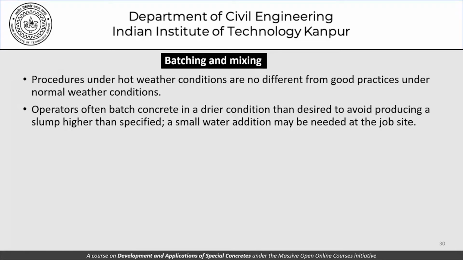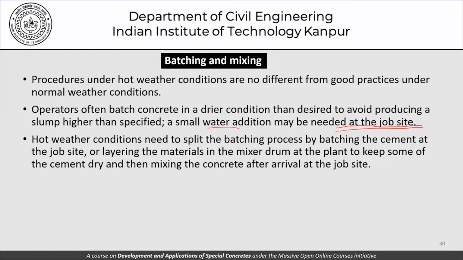Now, this is where we are trying to deviate from the norm. We are talking of a small water addition at the job site. Hot weather conditions may need to split the batching process by batching the cement at the job site or layering the materials in the mixer drum at the plant to keep some of the cement dry and then mixing the concrete after arrival on the job site.